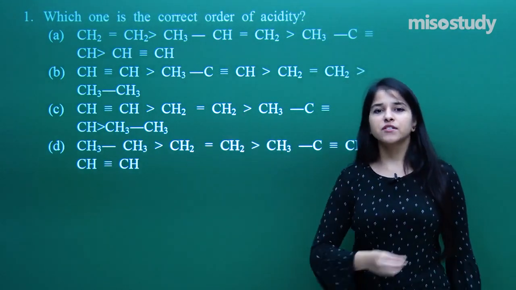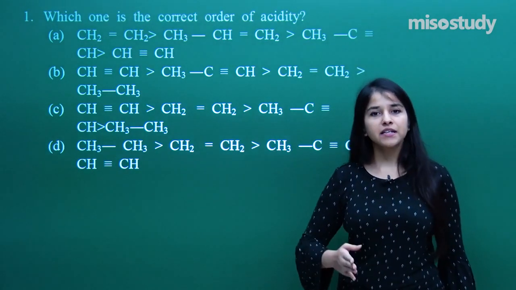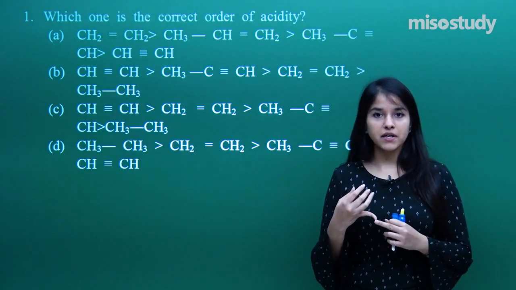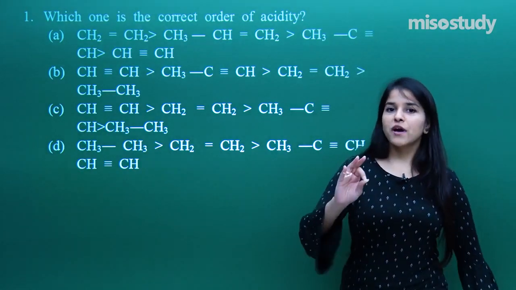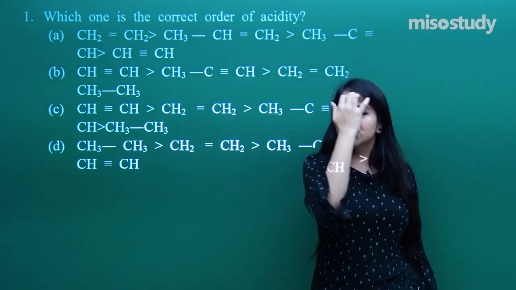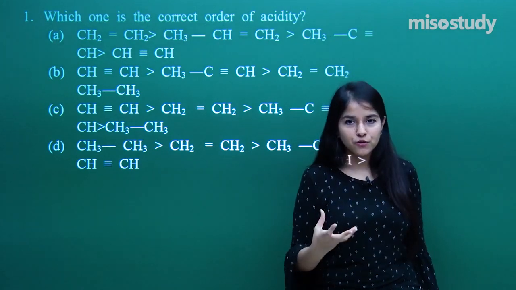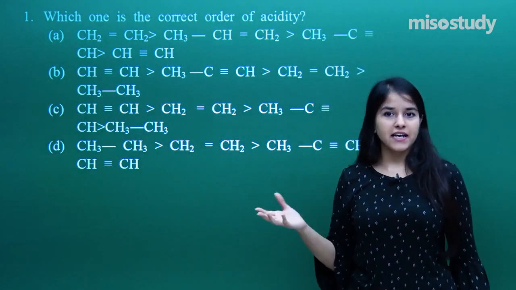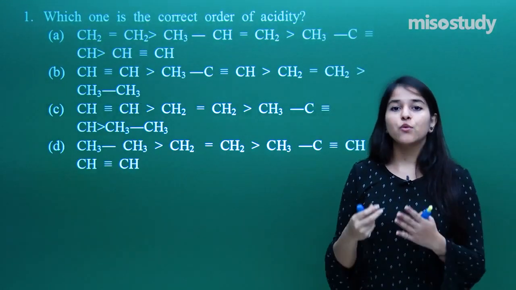These types of questions are very much repeated in each and every exam, be it CBSE, be it IIT, be it NEET. So you need to have a proper hold over this concept. In order to check the acidity, what do you need to do? What is an acid?